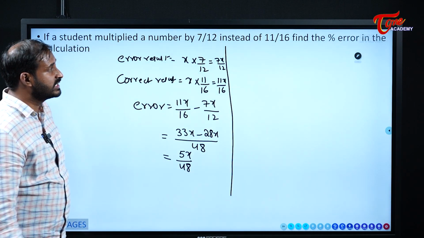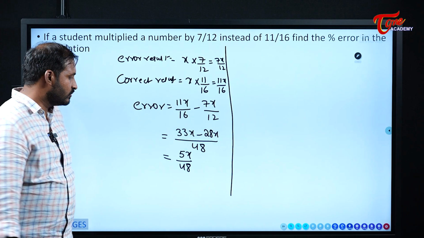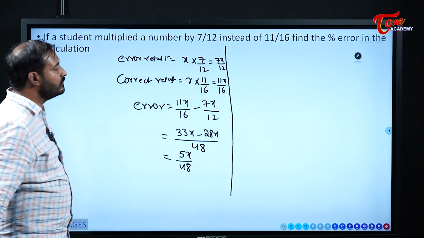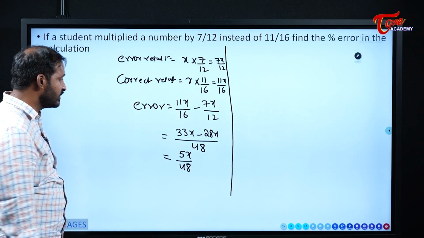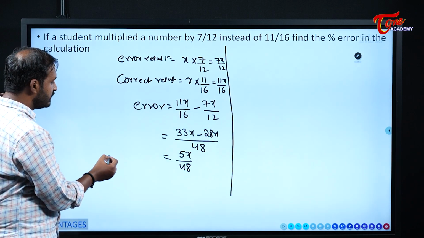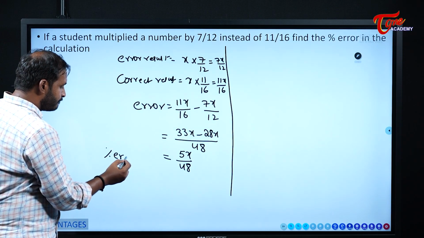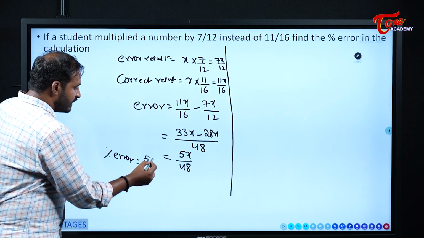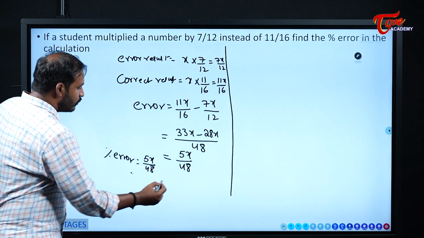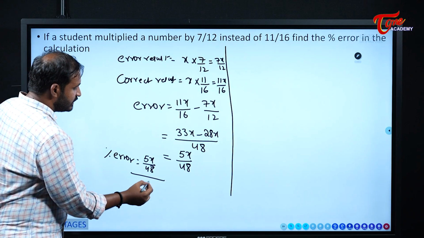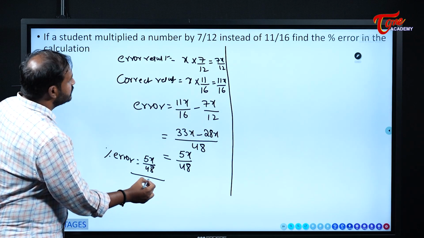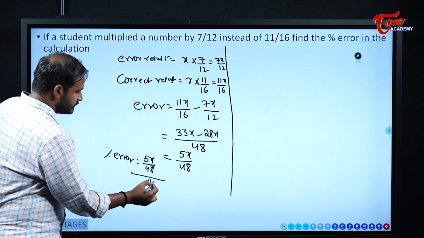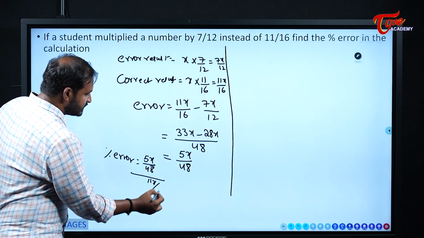But what did they ask us? Error percentage. So error by correct value into 100. That is the actual error percentage, right? So percentage of error is equal to 5x by 48 divided by the actual value, which is 11x by 16.